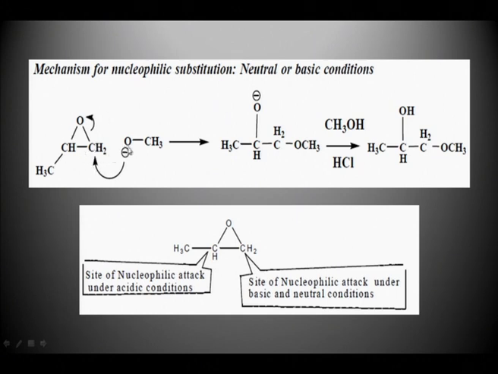The base methoxide ion will not attack this carbon, because the methyl group is there, so this center is sterically crowded. So the base should not attack at this carbon. It chooses the sterically less crowded carbon center. This center is sterically less crowded, so it attacks at this carbon, and it leads to cleavage of this bond and to epoxide ring opening.